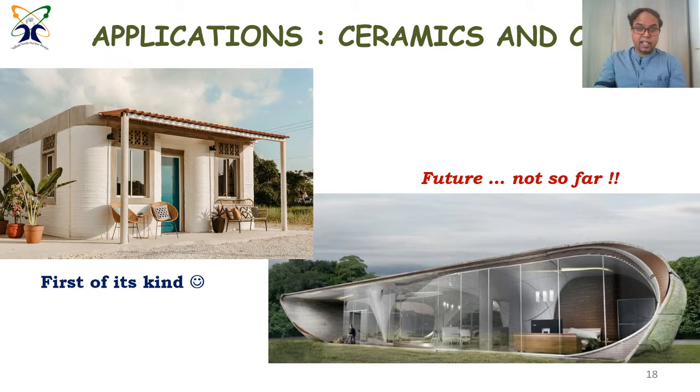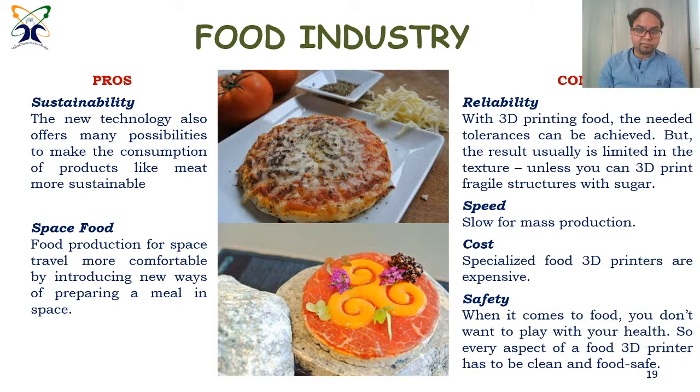So yeah, this is an example of our day-to-day application of 3D printing. This is my favorite, the food industry. So yeah, you can see the first image, it's pizza, but no, not yet. Pizza, not yet. We can 3D print pizza, and wait, just a moment.